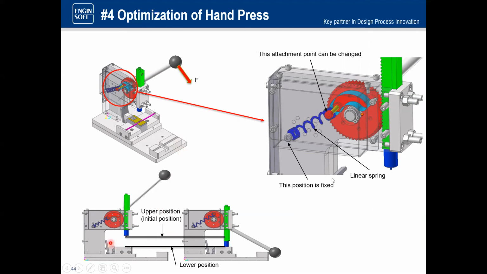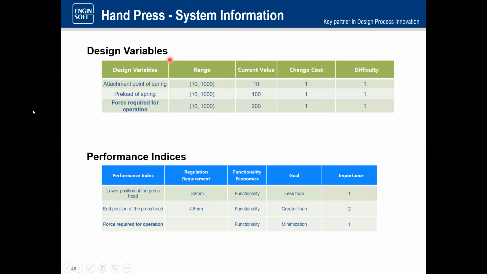And with this spring, the left end is fixed, but the right end that's attached to the gear can be moved to be anywhere on that gear. And then the displacement we're working through is to just go from the starting position down to where the press is totally seated on the bottom die there. So that's what we're trying to accomplish.